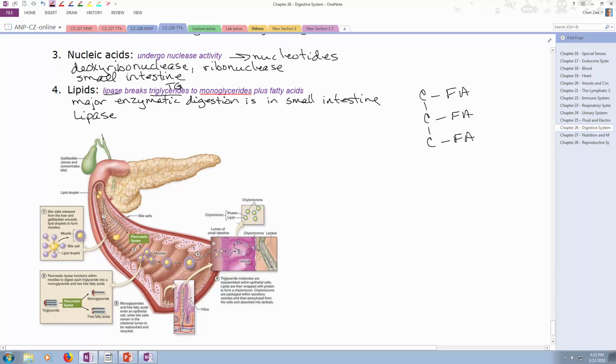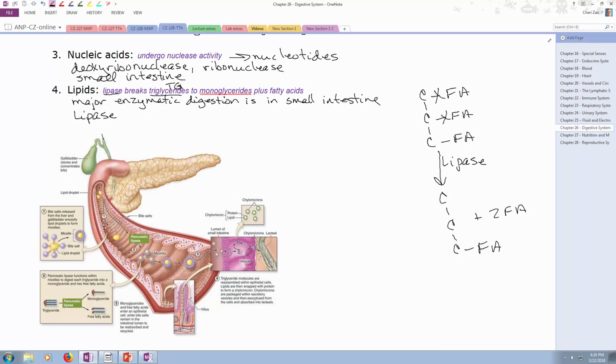And so when we treat this with lipase, we get a CCC plus 1 fatty acid still attached. That's why it's called a monoglyceride, plus 2 cleaved fatty acids. We break a couple of bonds and we end up with our monoglyceride and 2 fatty acids. So this is really interesting. Lipase is taking our TG and putting it into what looks like an incompletely digested product.